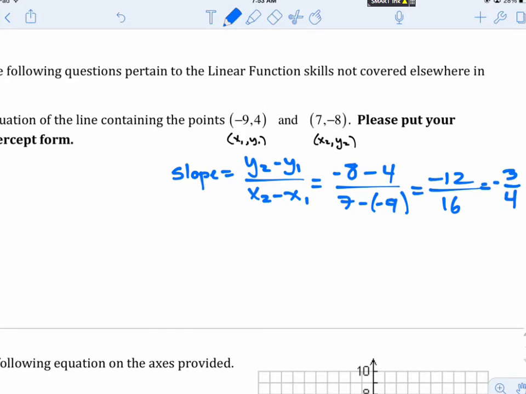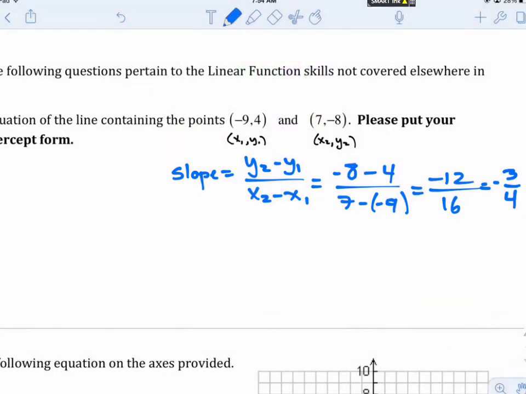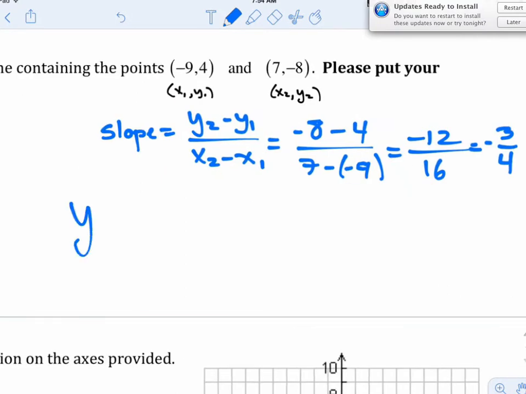So let's use this information and one of these two ordered pairs to create the equation in point-slope form. Maybe let's use this ordered pair, (-9, 4). And hopefully we know how to use this information to create our equation. So our equation is going to be y minus 4 equals -3/4 times the quantity x plus 9.